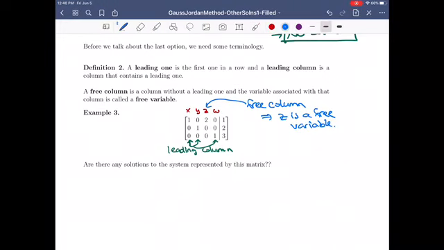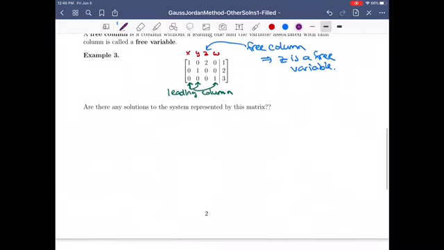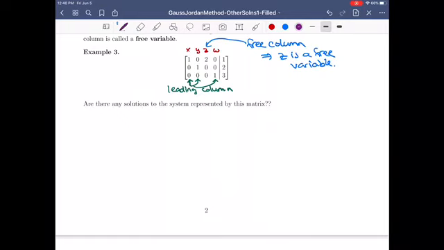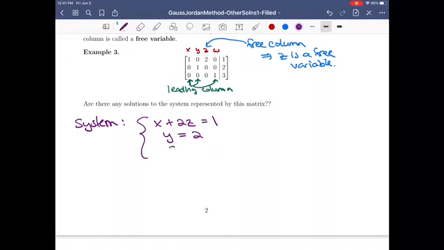So to find what they are, what we're going to do is write out the equations. Assuming it's been reduced to this, the system became x plus 2z is equal to 1, y was equal to 2, and w was equal to 3. So those are our equations.